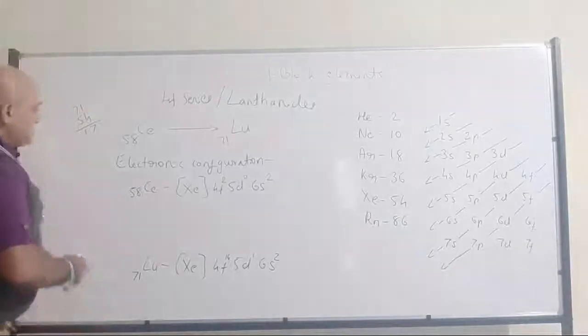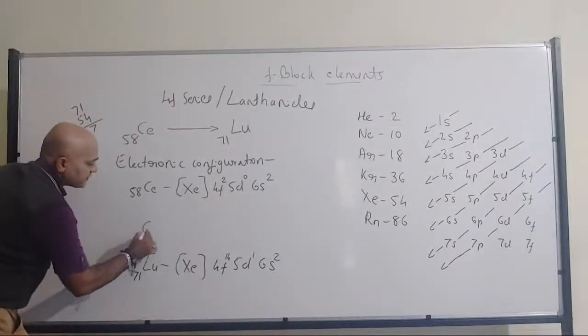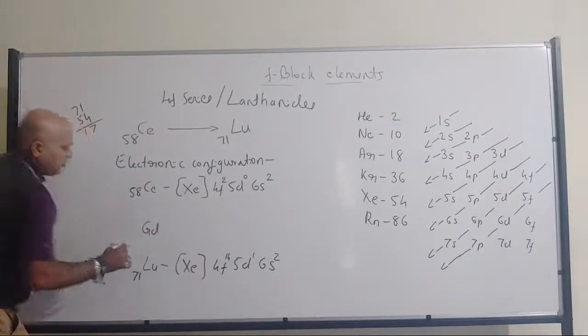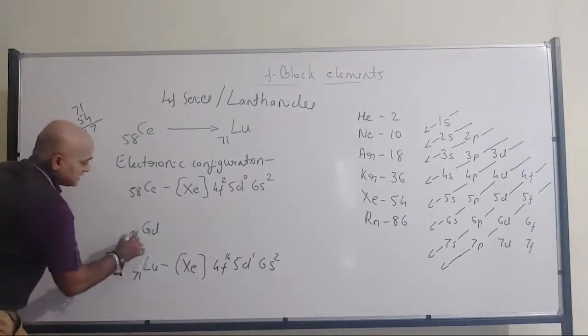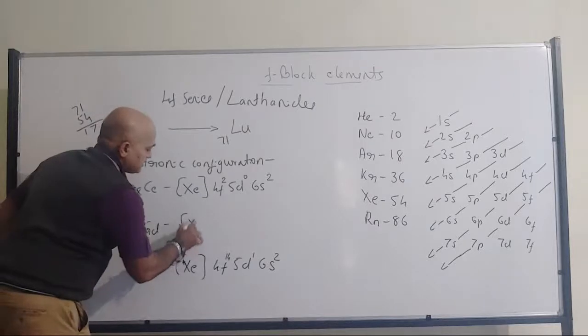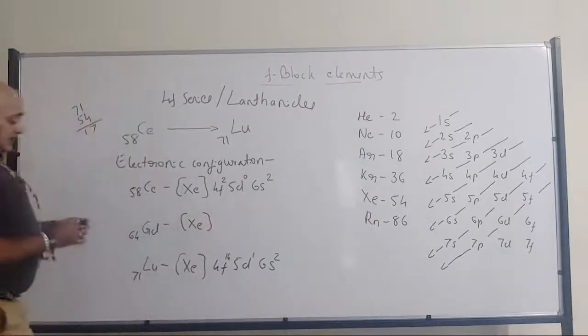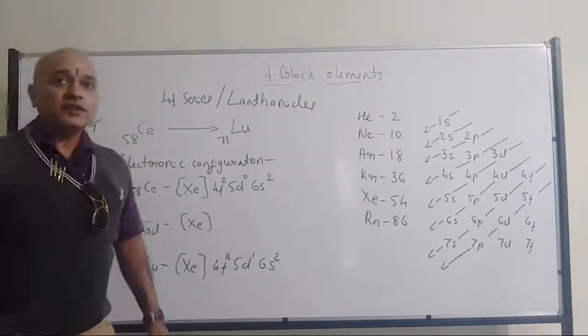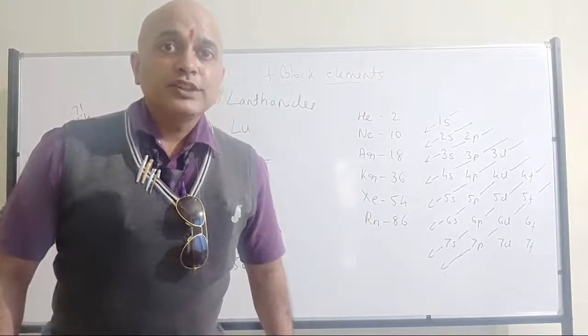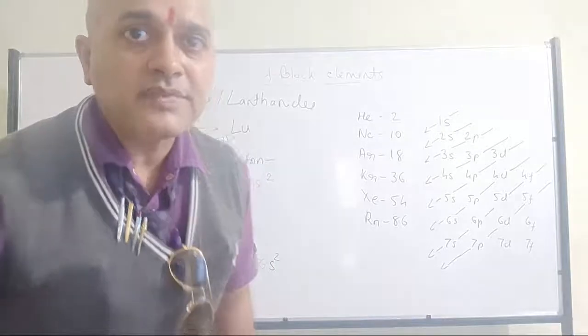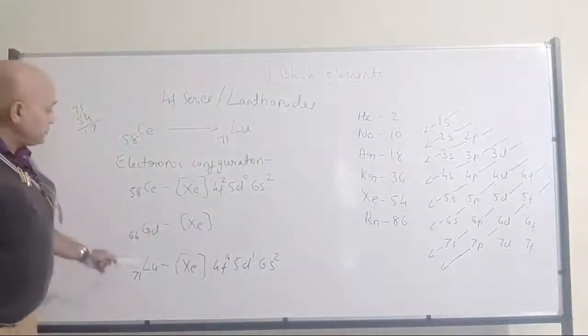Manvit, very good. That is gadolinium, at 64. Don't worry, I will go with only some elements. So can someone write the electronic configuration for gadolinium? Not 47, Kirtana. As Manvit has written, it should be 64.